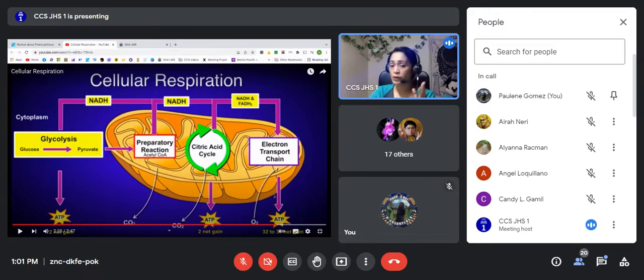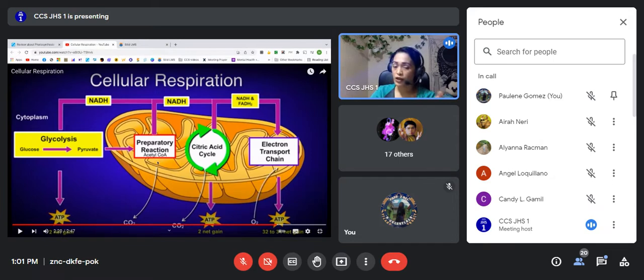So take note, in this particular video or presentation, you will notice that the presenter said that there are four stages, but in our case, preparatory reaction is not considered as one of the stages. Instead, in our discussion, you'll focus only on glycolysis, citric acid, and ETC as the three main stages of cellular respiration.